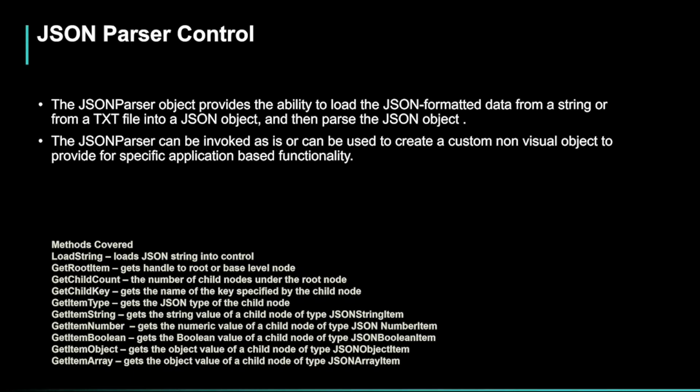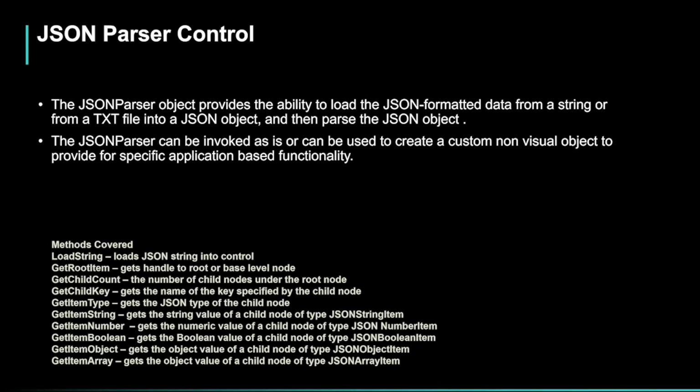You can invoke this object directly in code, or you can create a non-visual object that has specific methods and constants or variables that you want to use throughout your organization or throughout the application you're coding in. Either way, it's pretty much the same.